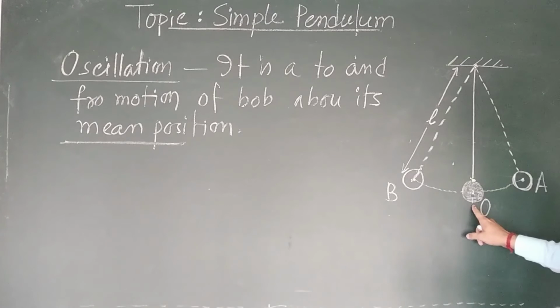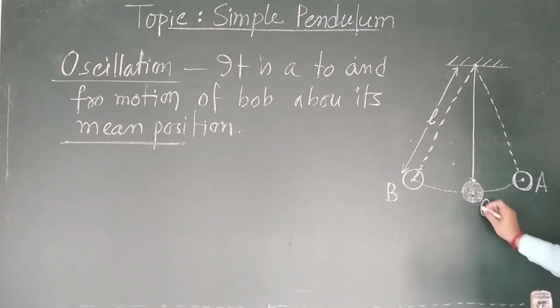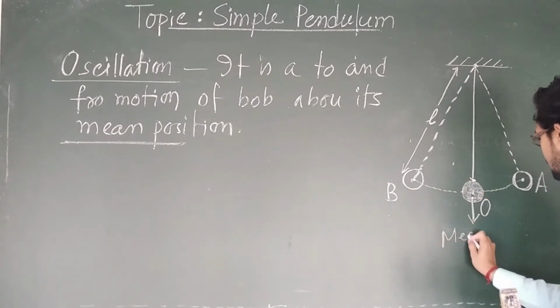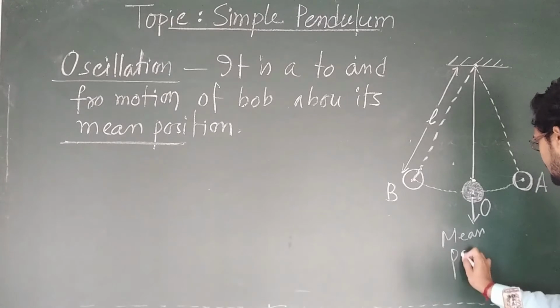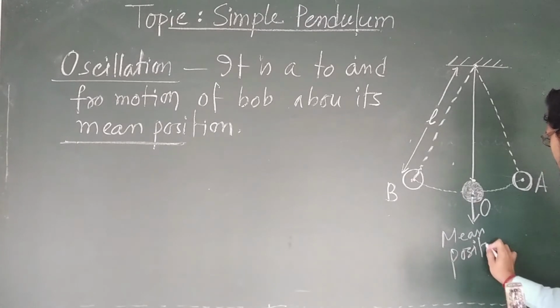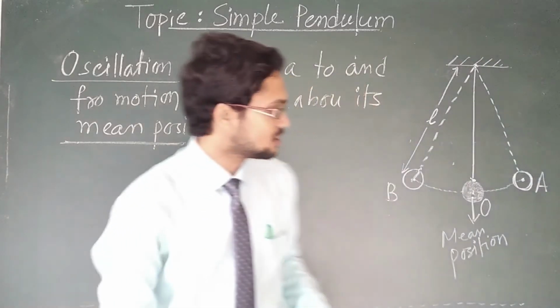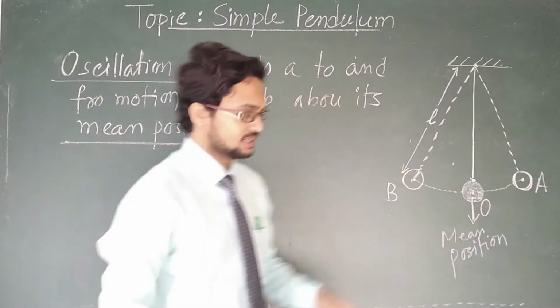That position is known as the mean position, and the bob will oscillate about this mean position.